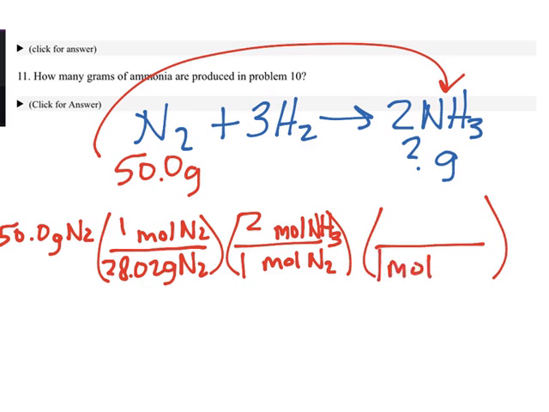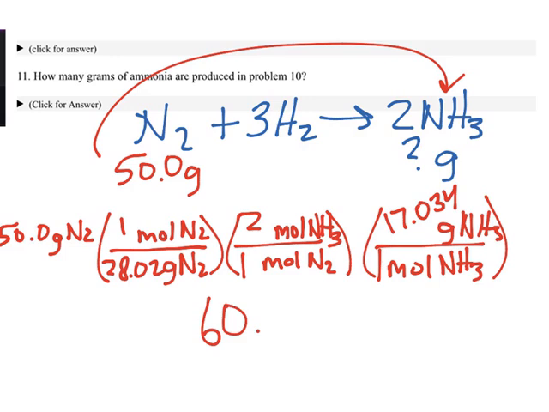And now 1 mole of NH3, we'll take that to grams of NH3. So that's nitrogen at 14.01 plus the hydrogen's 1.008, but there's 3 of them for a total of 17.034. Plug this one in, multiply across the top, divide across the bottom, 3 sig figs, 60.8 grams of NH3.